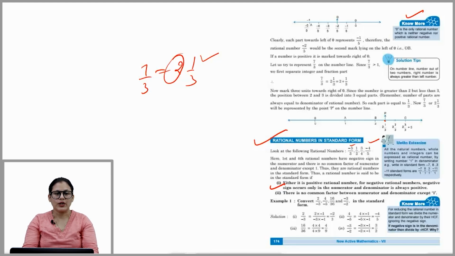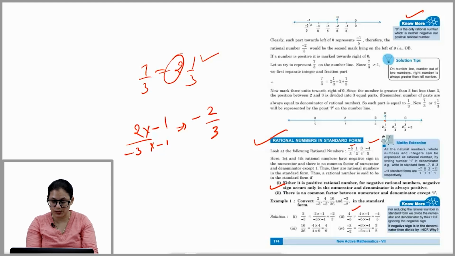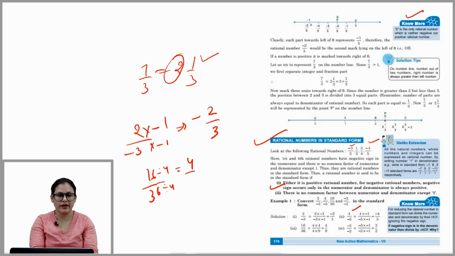Now, for example, convert these fractions into the standard form. What will you do? For 2 by minus 3, you will multiply the numerator by minus 1 and the denominator also by minus 1, so you get minus 2 by 3. This is the standard form. Similarly, in this case also you will multiply the numerator and denominator by minus 1. And if there is 16 by 36, you will divide both by 4, so you will get 4 by 9.